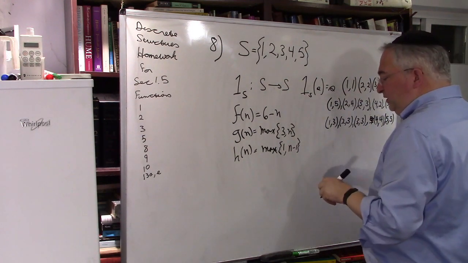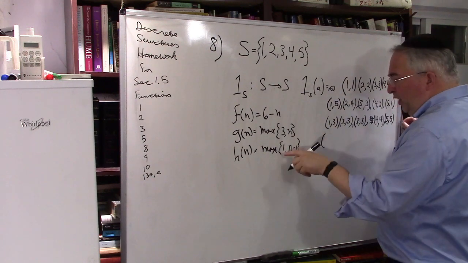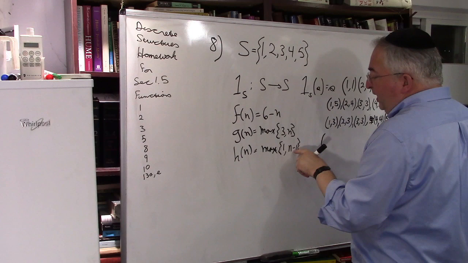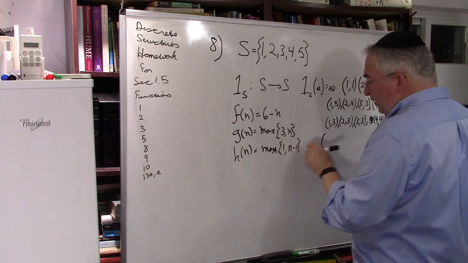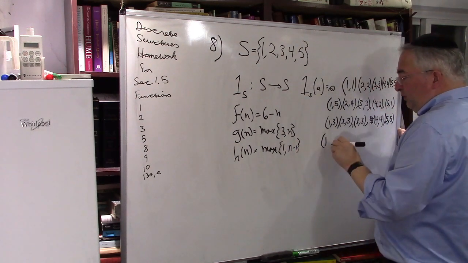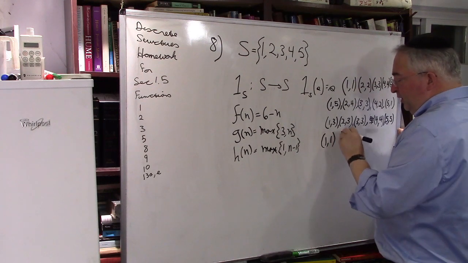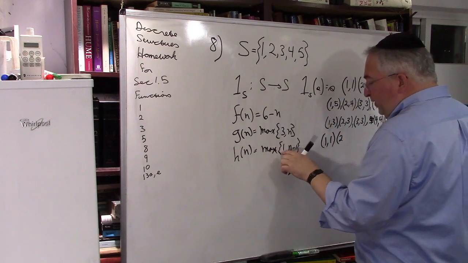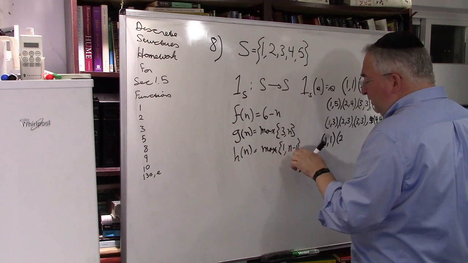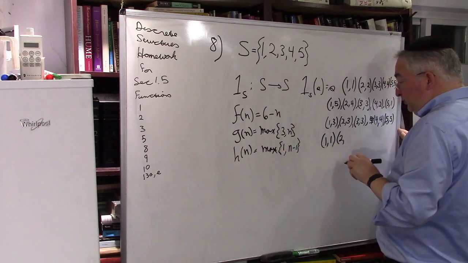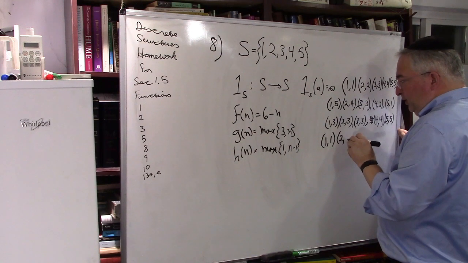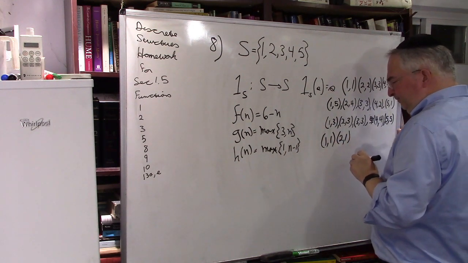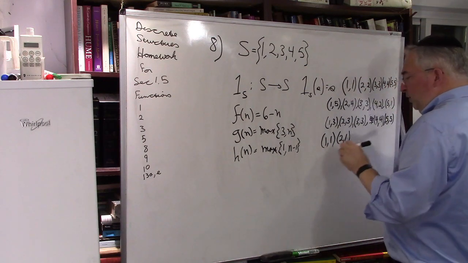Okay, let's do this. If I put in 1, what's larger, 1 or n minus 1? 1 minus 1, so 1 or 0. So the answer is 1. That's larger. Great. If I put in 2, what's larger, 1 or 2 minus 1? 2 minus 1 is 1. So that's 1. Okay? Great.